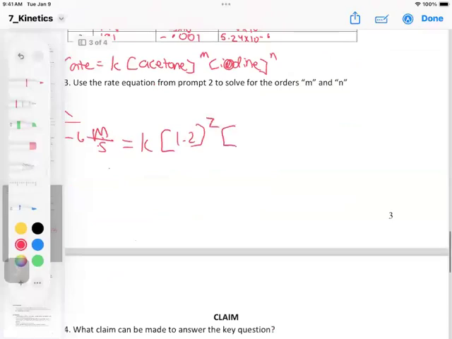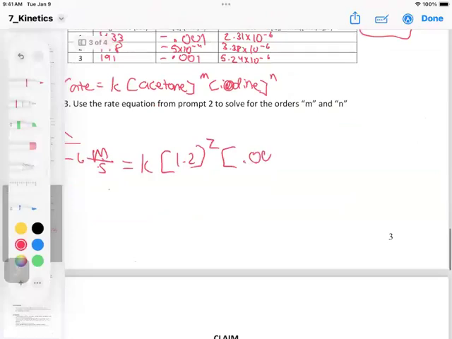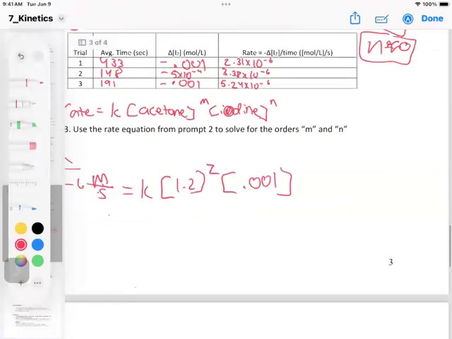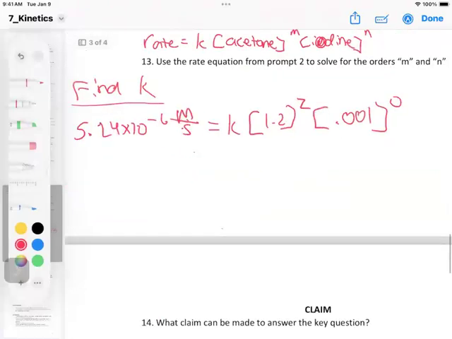And our concentration of iodine is 0.001, raised to the n, which is 0. These are both in molars. So anything to the 0 power is 1, so that'll just kind of disappear.